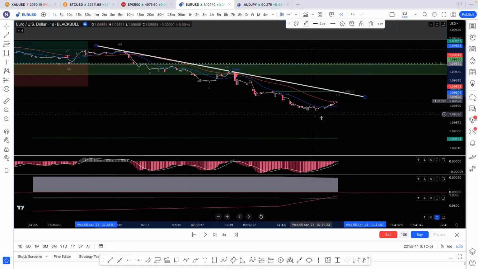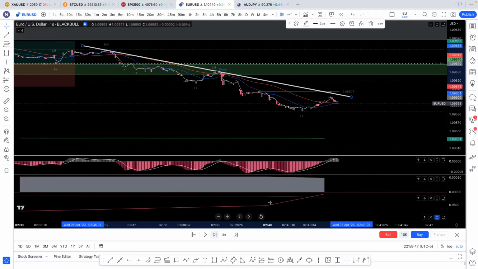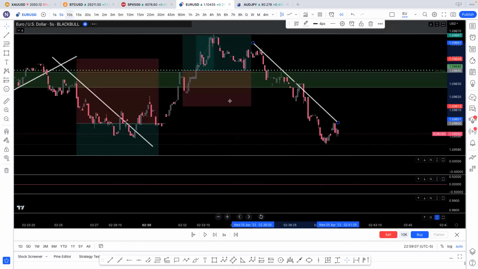So I am going to wait for it to break the trend line. This right here looks like a pullback. Oh boy. Okay. Nope. Wait. Yep. This is bearish. Wow. I'm so confused. Let me go up on the time frame.